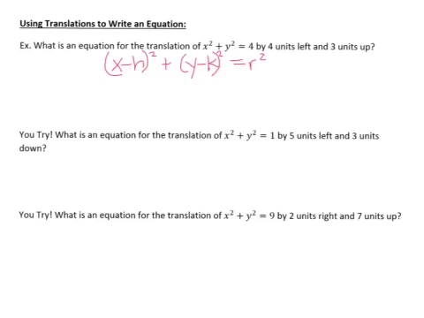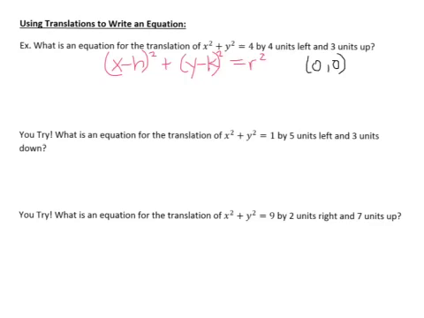Then we see that looking at our equation, we don't really have an h and a k, which means that our center is at 0, because x minus 0 squared is just x squared, and y minus 0 squared is just y squared. So our center is at (0, 0).